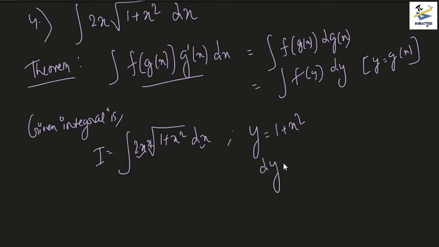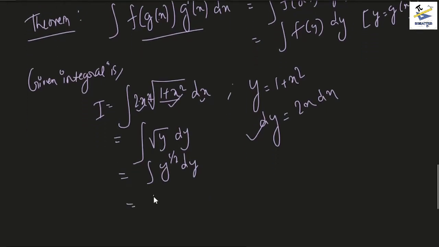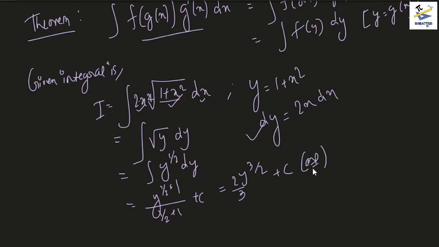So when we do dy, what we get is 2x dx, and that is helpful because this turns into root over y into dy, where 1 plus x square got turned to y and 2x dx was written as dy. And this is an easy one because this is just y to the power half dy, and using the rule you can find it as y to the power half plus 1 divided by half plus 1 plus c, which is basically y to the power 3 by 2 into 2 by 3 plus c, which is the answer, right?